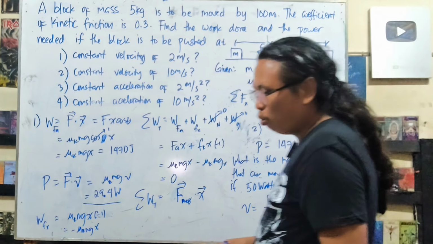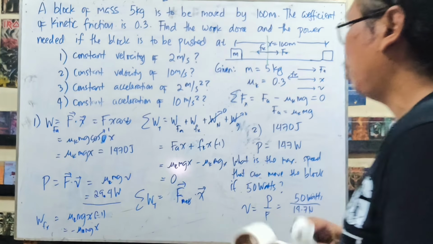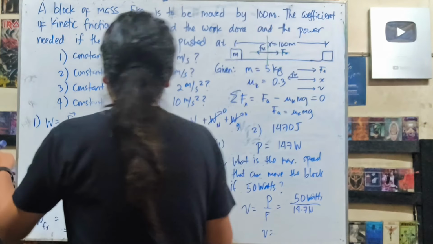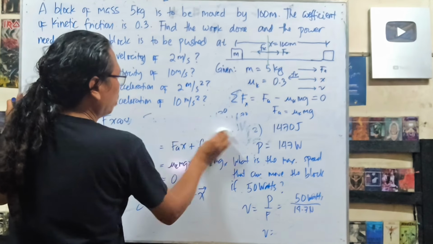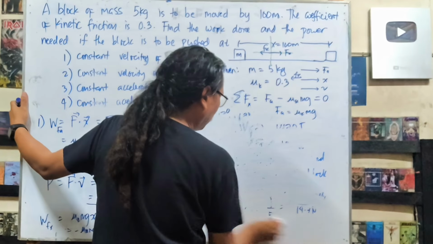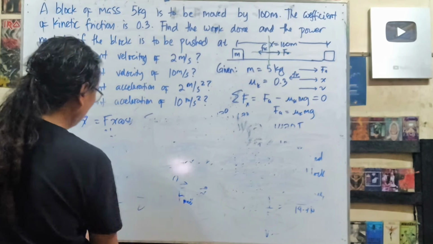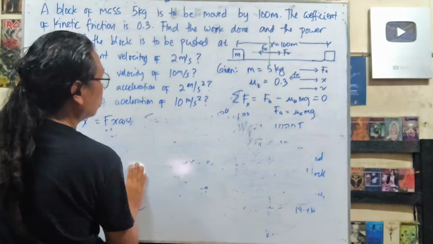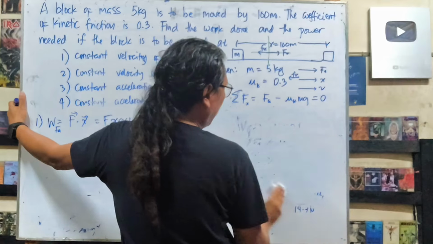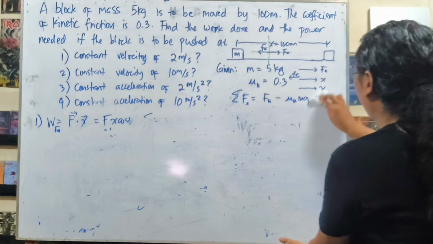So that's the first two questions. How about the third question? For the third question, it's no longer the same. First we have to recalculate the applied force, and the acceleration is no longer equal to 0.